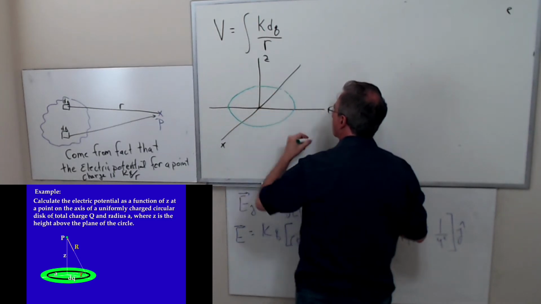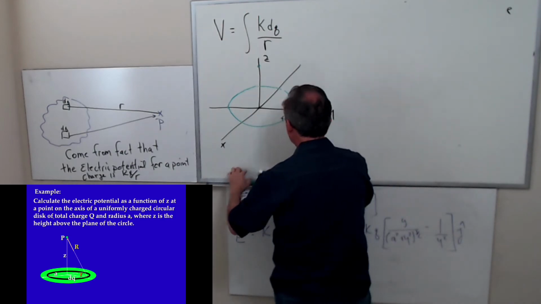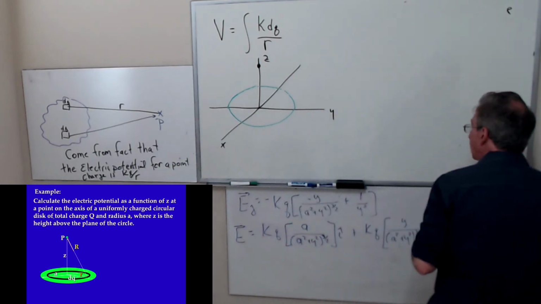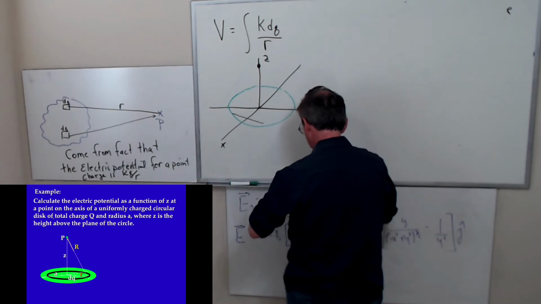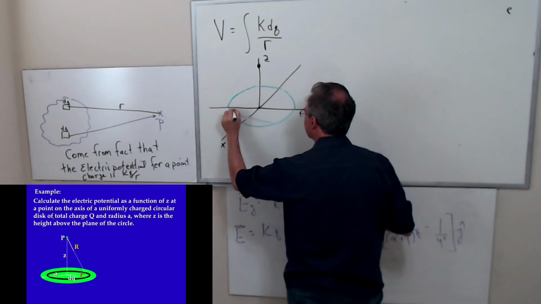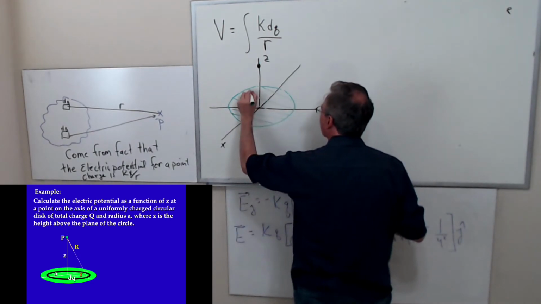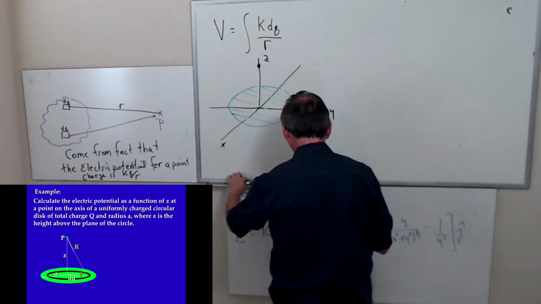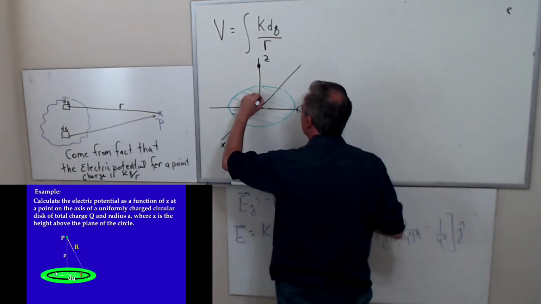Okay. We want to find the field at some point up here. I don't have the field though, it's the potential. So what I need to do, and this is a solid disk, I don't know if that's a good picture, I apologize, is break it up into rings of radius r.